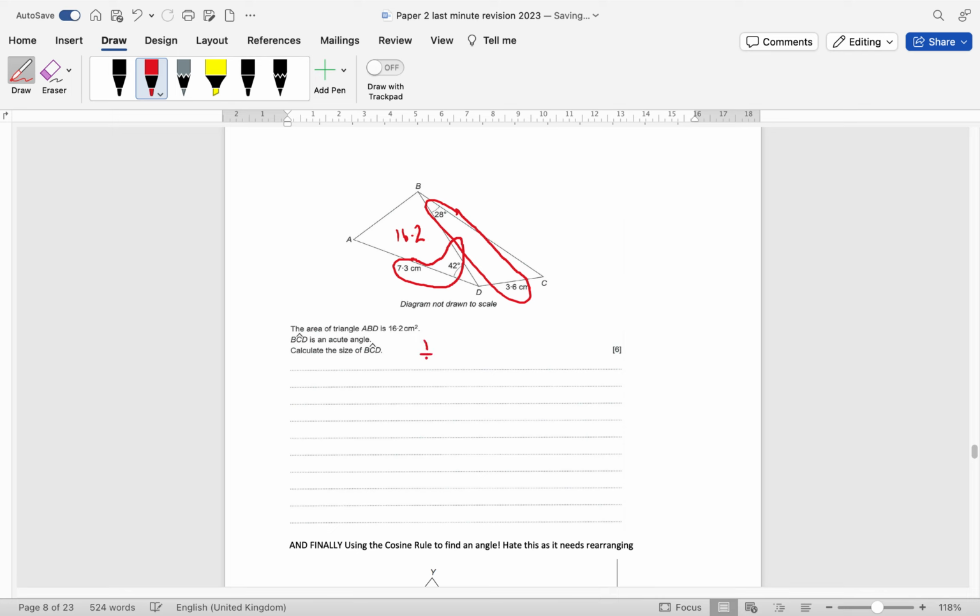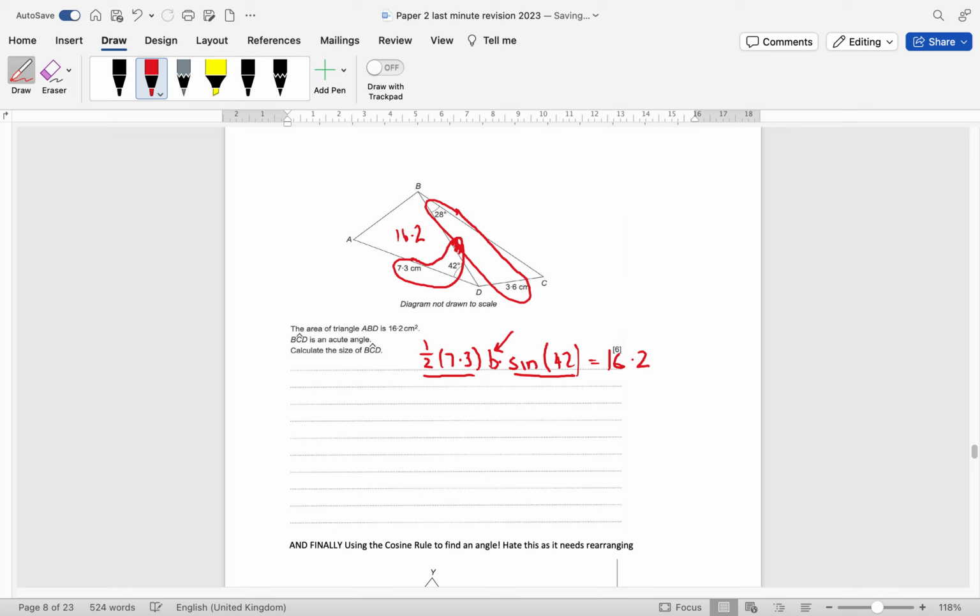So, half A, B, which I don't know that side, just put B for now, sine C equals the area. So they've given me the area and I've got to work backwards to get a missing side, right? Nasty, right? Into my calculator though, I can put all of this, and I'm just going to ignore the B a minute, okay?